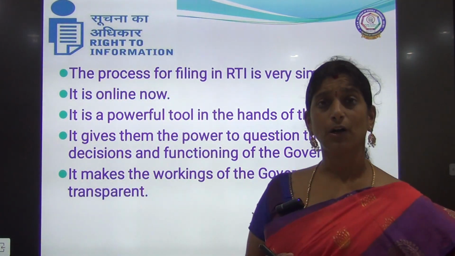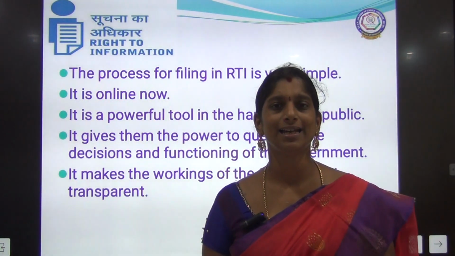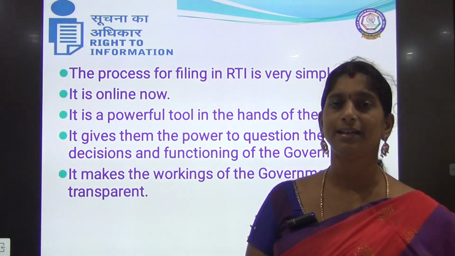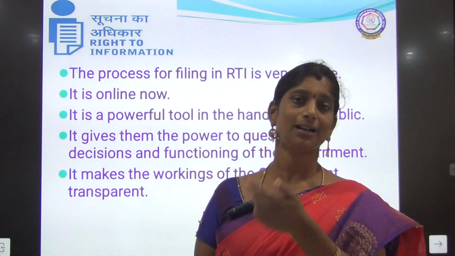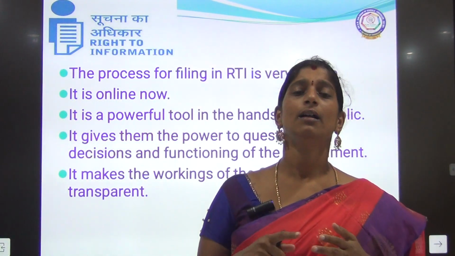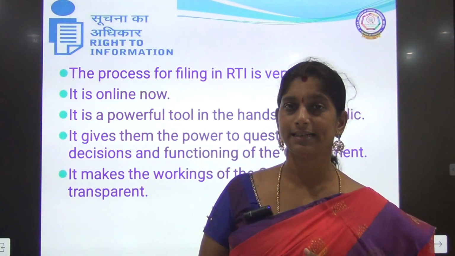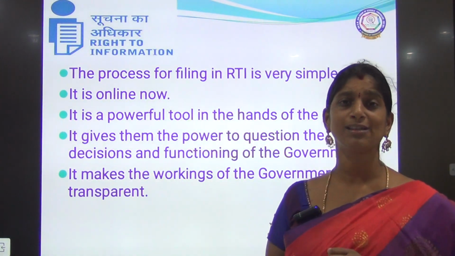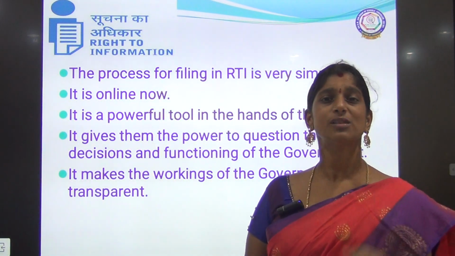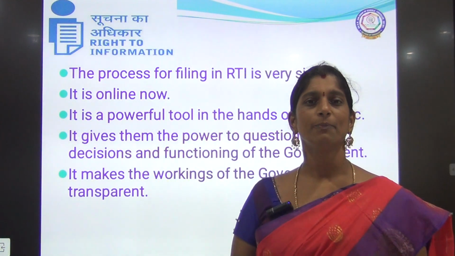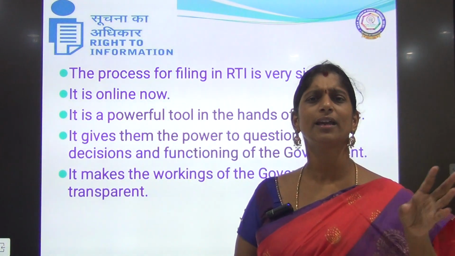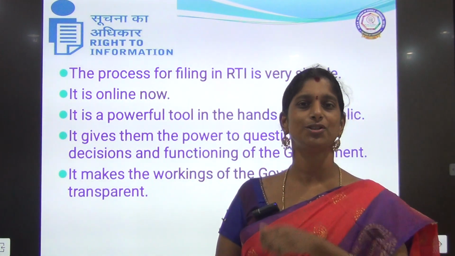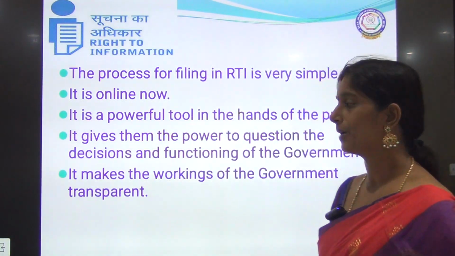The process for filing this RTI is very simple. In olden days we could just write a letter and send it to the concerned department. Nowadays an online option is there, okay, and it is a powerful tool in the hands of the public. Why is it a powerful tool? Because we can question whoever we want. If something is wrong in a particular office, we have the right to question under this RTI, okay.